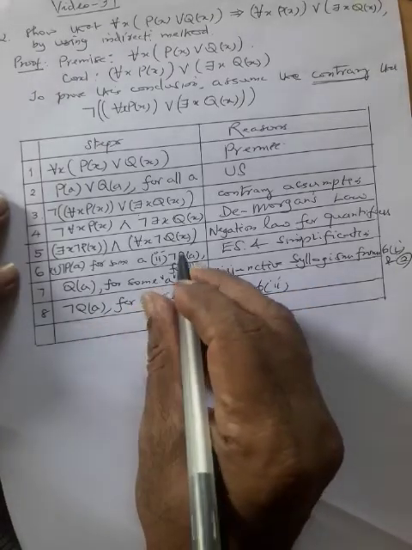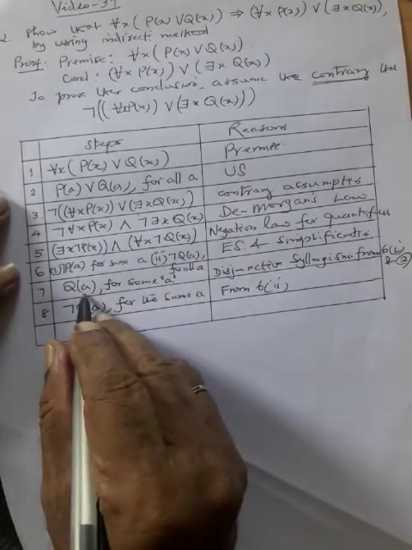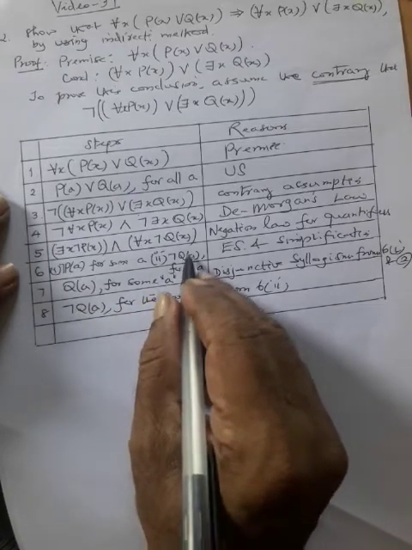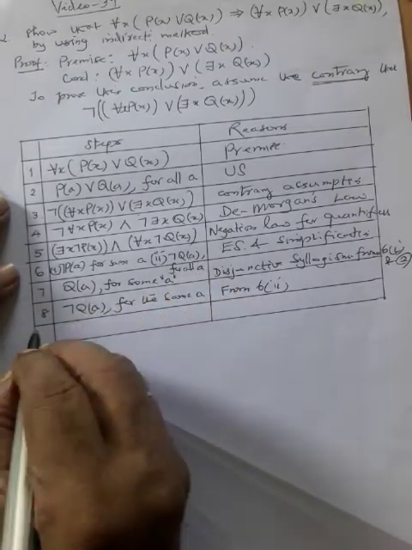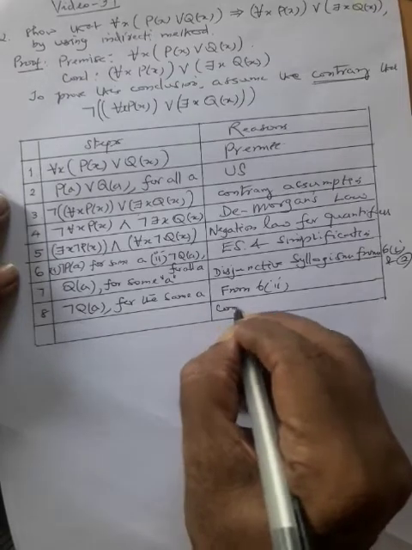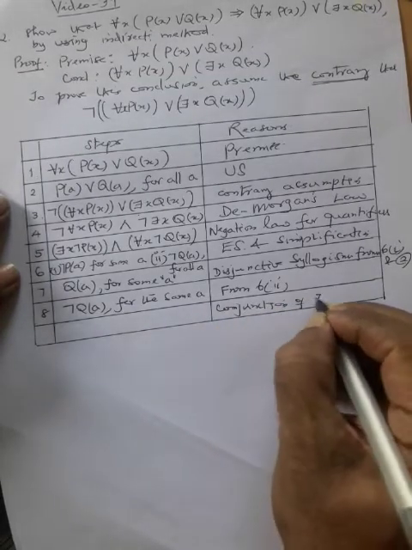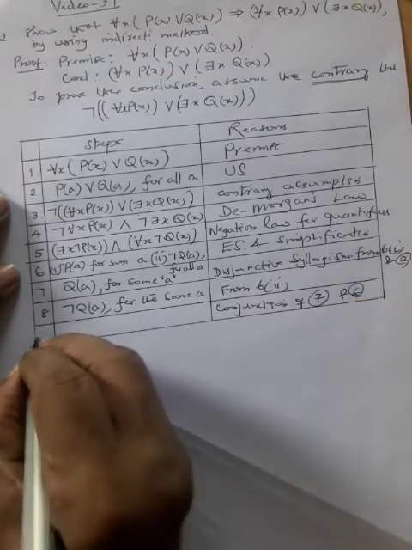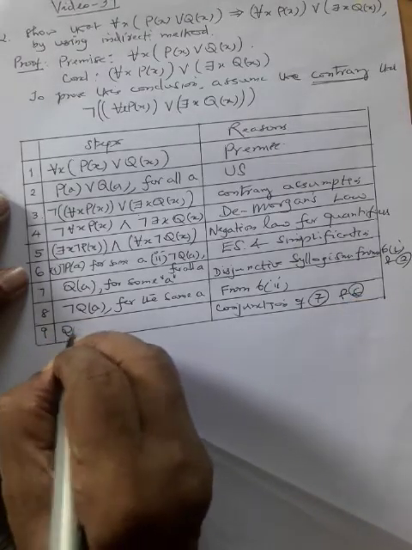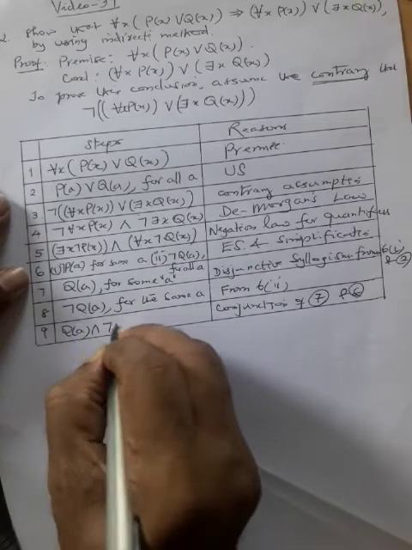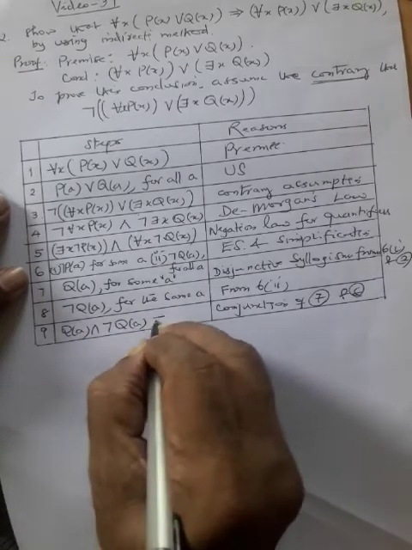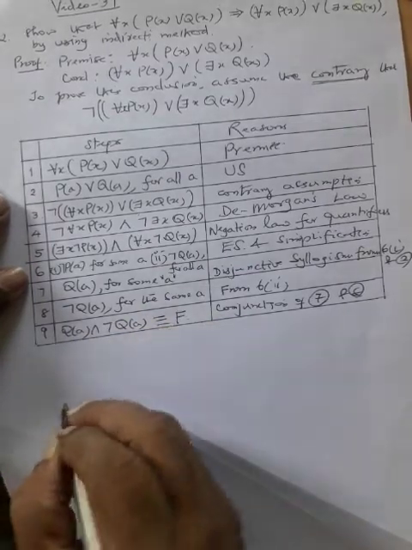So you have q of a and you have negation q of a. Q of a is there, 7 and 8 conjunction. Conjunction of 7 and 8 means q of a and negation q of a. This is a contradiction.